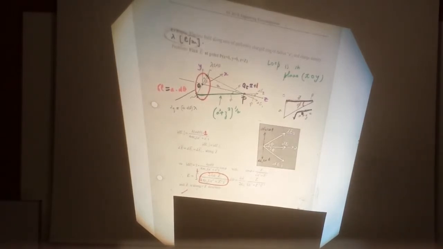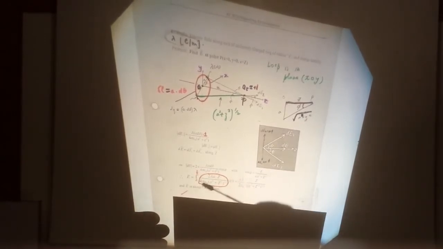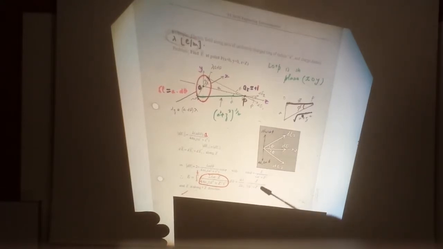Okay, let's move on. So therefore, after I do the calculation, this string remains the same, no change. Integrate 0 to pi, d theta becomes theta. Theta 0 to pi becomes pi. Pi cancels pi, the bracket gives me lambda over 2 epsilon naught, z a squared over z squared, to the power of 3 over 2. So you see that the integration is independent of z.